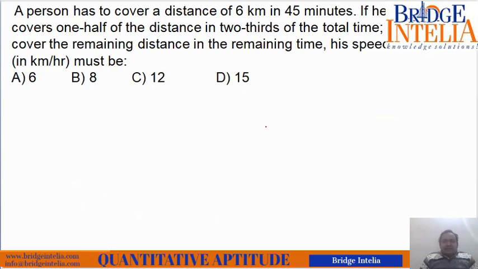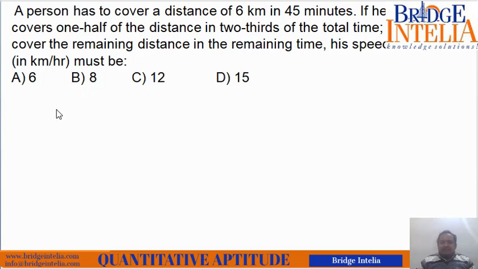A person has to cover a distance of 6 kilometers in 45 minutes. If he covers 1/2 of the distance in 2/3 of the total time, to cover the remaining distance in the remaining time, his speed must be equal to what? So what is being said?